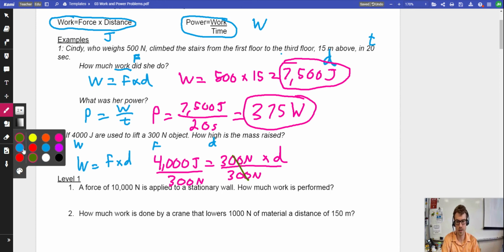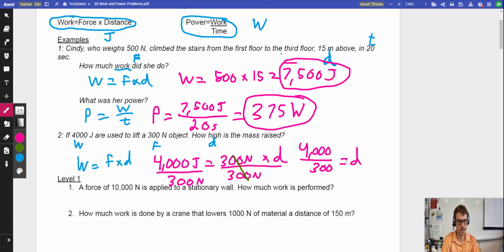That's going to cancel out the 300 newtons on the right, and so now we have 4,000 divided by 300 is equal to the distance. When we divide it, we get that our distance is equal to 13.3, and then don't forget your correct units.